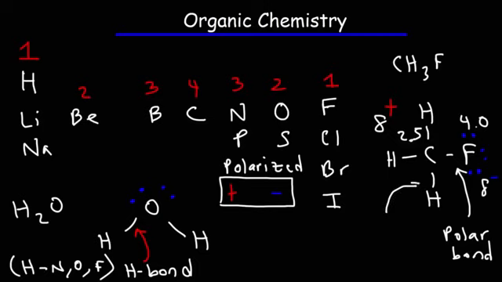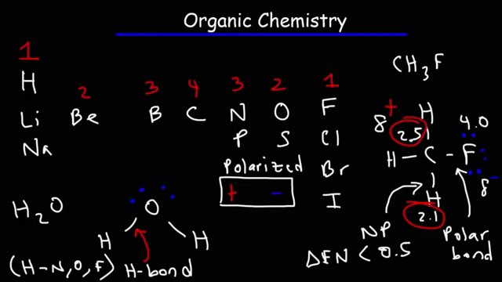Now the carbon-hydrogen bond, that's a non-polar bond. The reason being is the electronegativity difference between carbon and hydrogen is less than 0.5. Carbon, we said its electronegativity value is 2.5. Hydrogen is 2.1. So the difference between the two is 0.4.